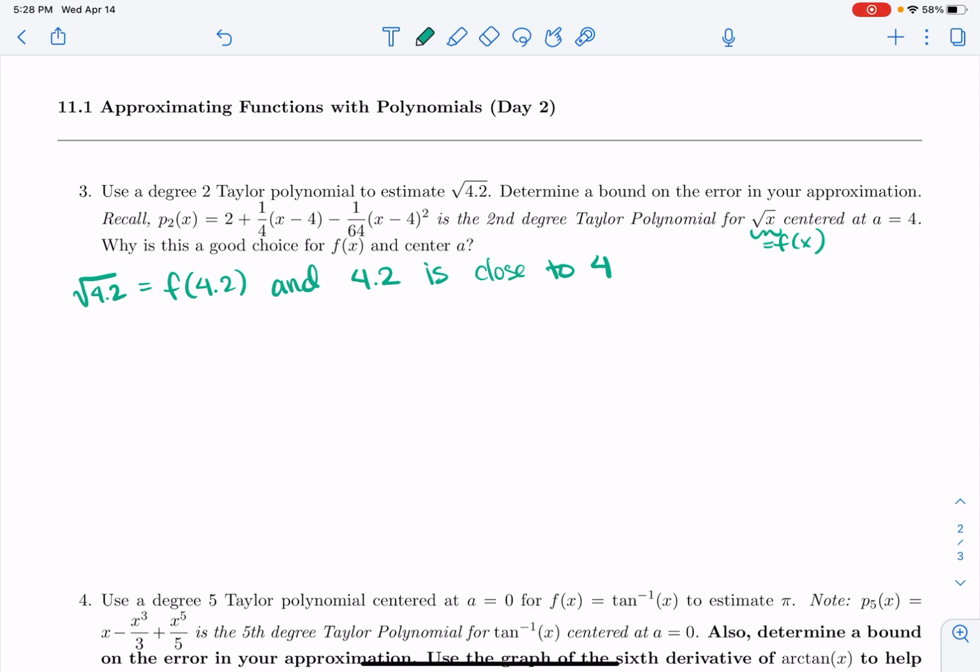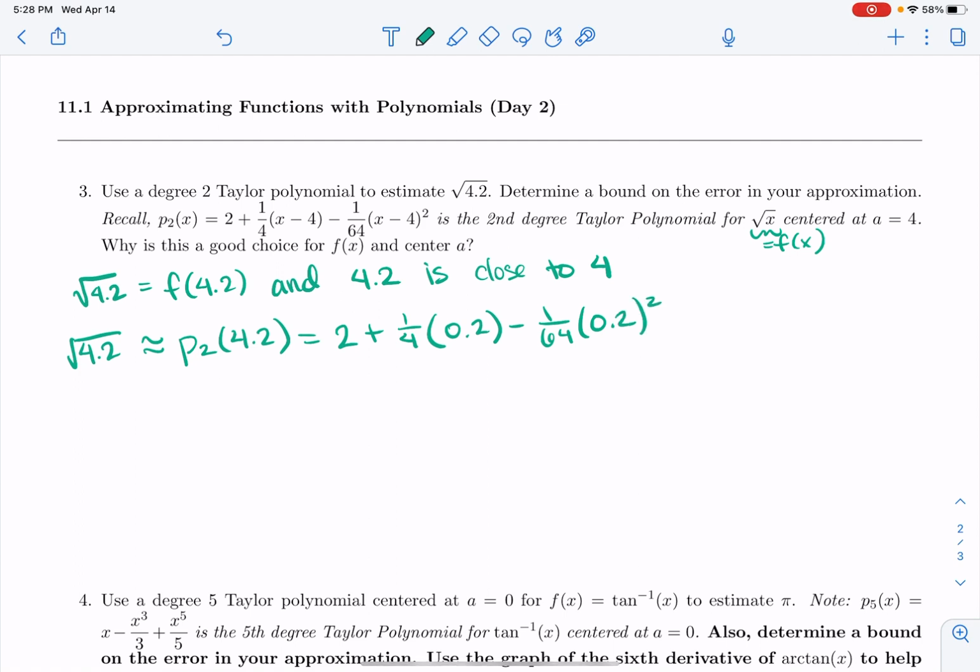Okay, so first we want to use our polynomial to estimate square root of 4.2. Square root of 4.2 is approximately equal to P2 of 4.2, which is 2 plus 1/4 times (4.2 minus 4), which is just 0.2, minus 1/64 times 0.2 squared.